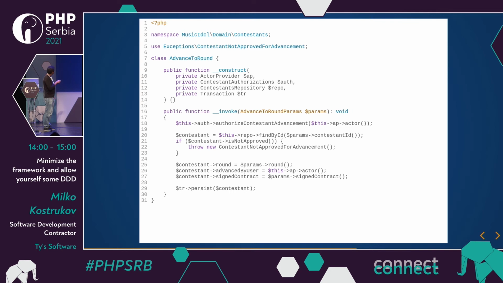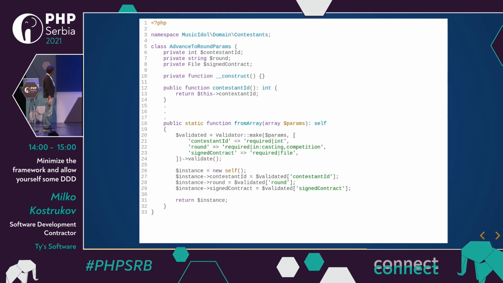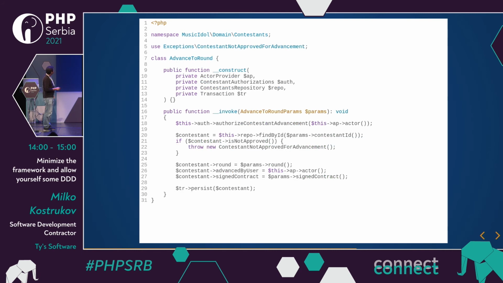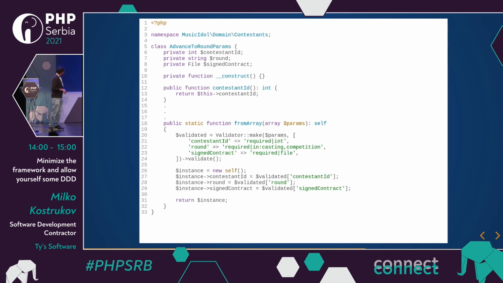So let's look at the dependencies here. First, I forgot to tell you about this, and it's very important: the parameters object. It's a value object. What is cool about value objects? If you've done them correctly, they're always valid. Because they're always valid and they self-validate, I've moved the validation into this value object.